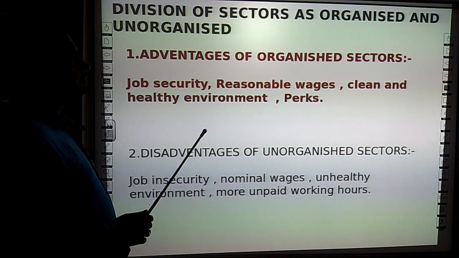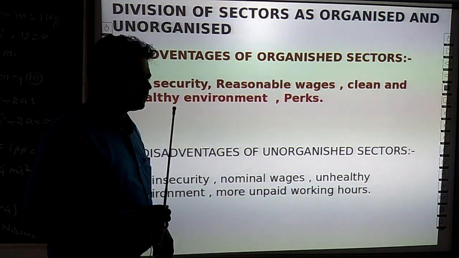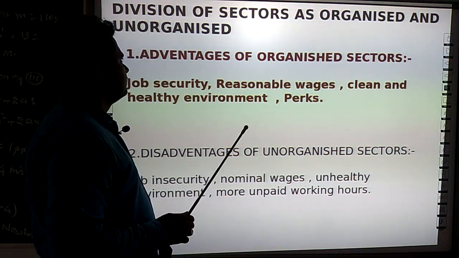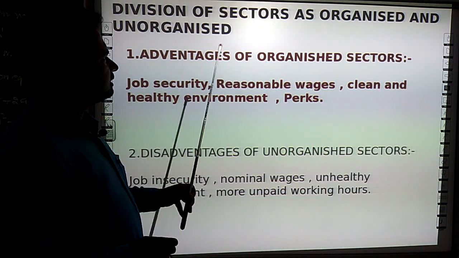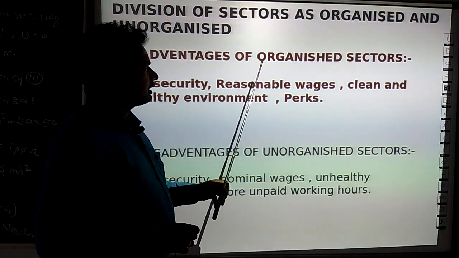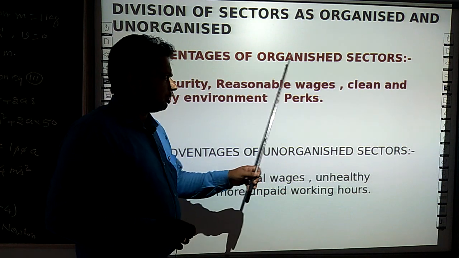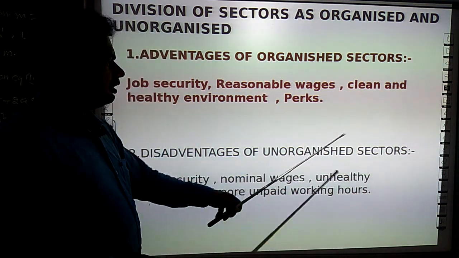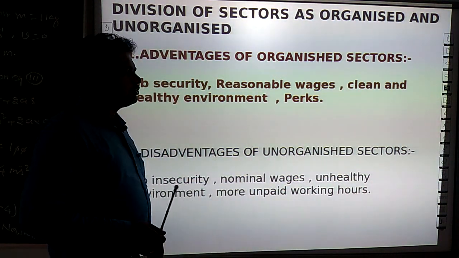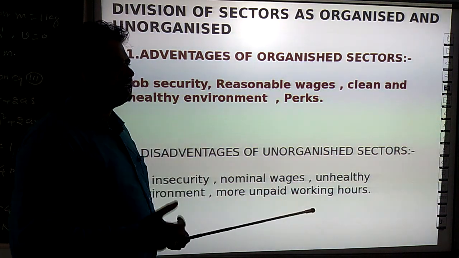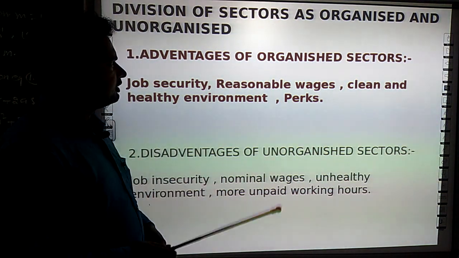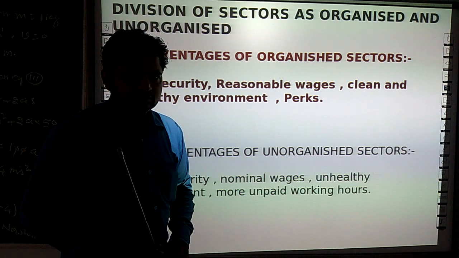The next division is on the basis of their recognition by the government. The sectors get classified into two groups: organized sectors and unorganized sectors. All those sectors that have been recognized by the government are considered organized sectors.